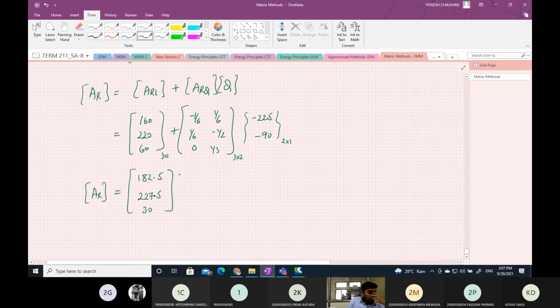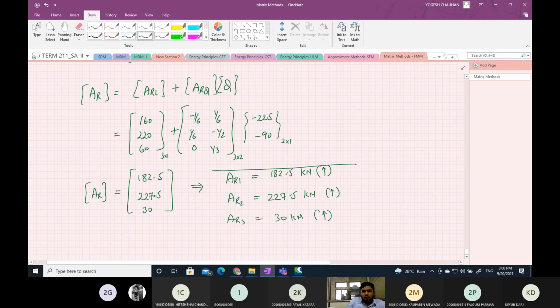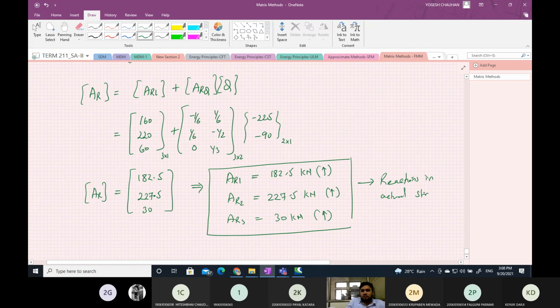All positive means your AR1 is equal to 182.5 kilonewton in upward direction, positive because we have assumed upward positive. AR2 as 227.5 kilonewton in upward direction and AR3 as 30 kilonewton in upward direction. These are your reactions in actual structure.